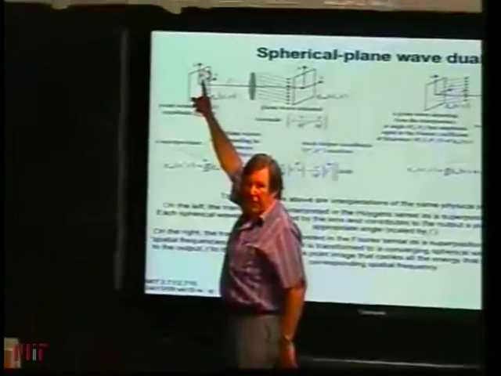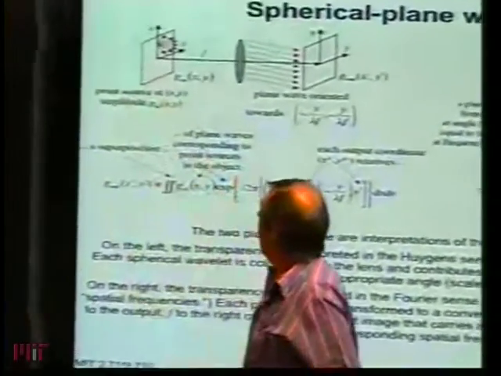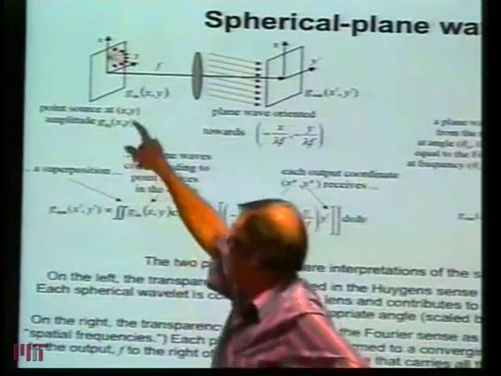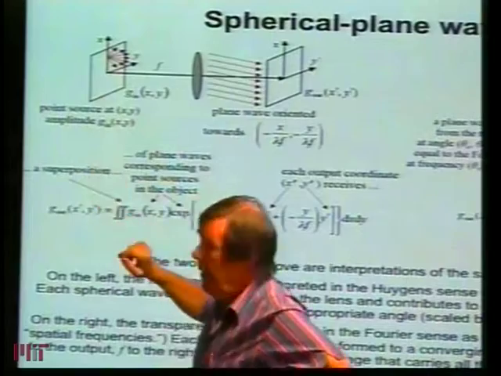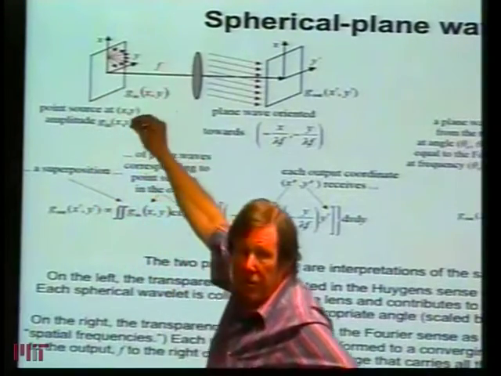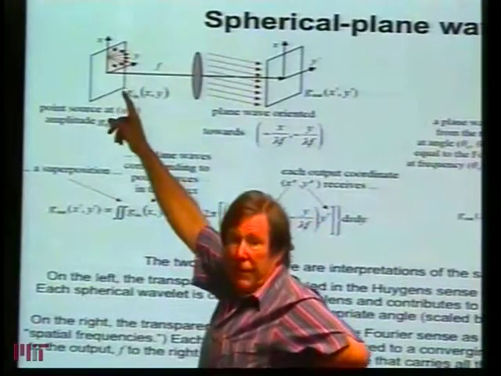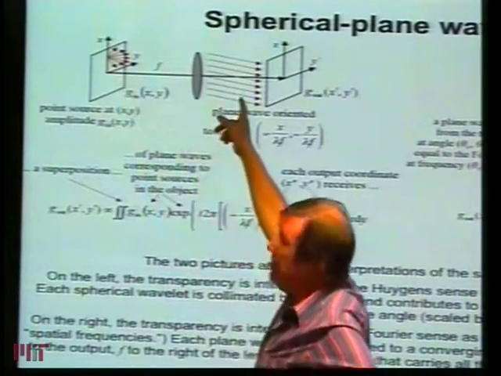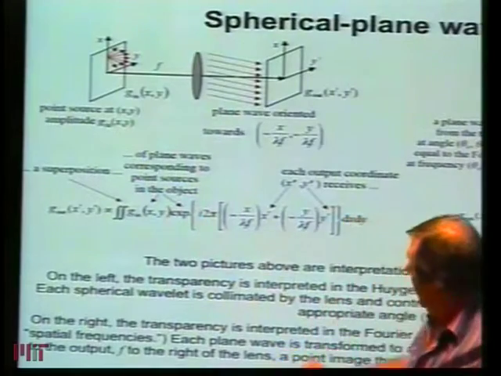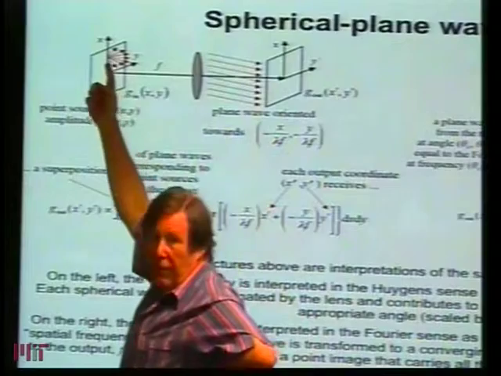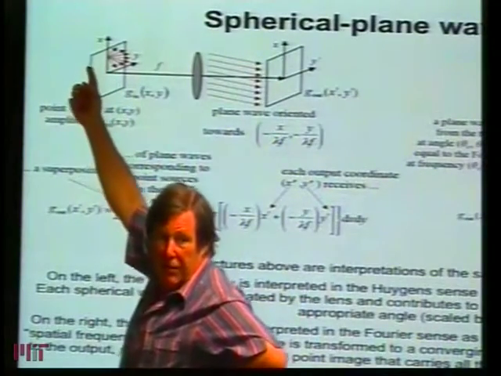So in this case, you can think of any point on the transparency as going to act like a point source, so it's going to produce a spherical expanding wave. And then this is a distance f, so that spherical wave is going to be converted into a plane wave. The angle of propagation of this plane wave depends on the distance of this point from the origin, of course, right?